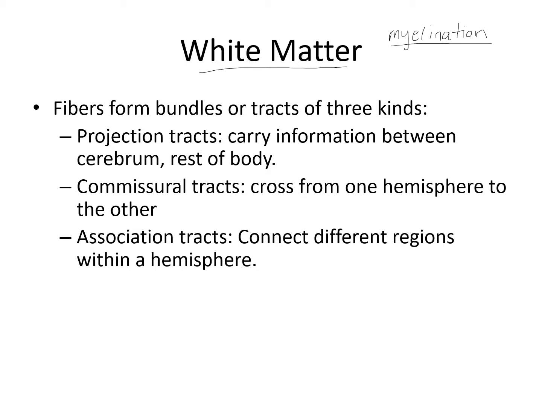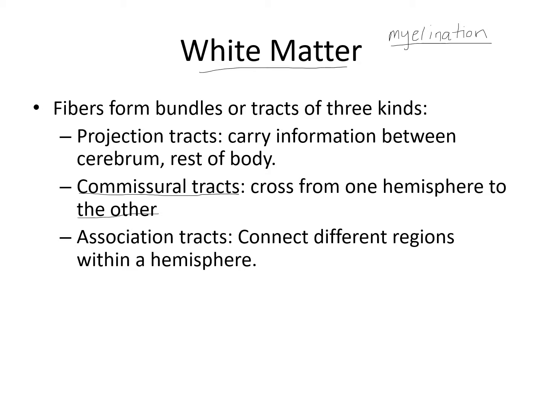And there are fibers that form bundles or tracts of 3 different kinds. Fibers, recall, are just the axons of neurons. We have projection tracts, which carry information between the cerebrum and the rest of the body. Commissural tracts, which cross from one hemisphere to the other. And just a question regarding the commissural tracts. There is a prominent structure that connects the 2 cerebral hemispheres that's primarily made up of white matter.